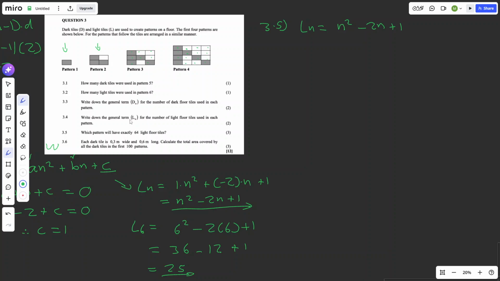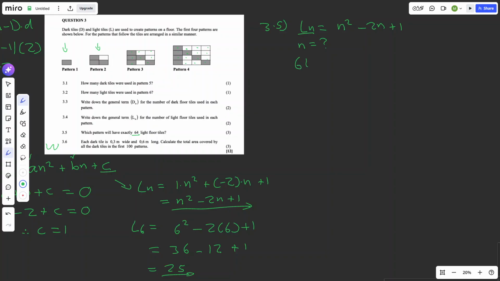Previously, when we were using these formulas, we were simply substituting n, right? But what does n represent? It's the pattern, okay? Is it pattern 5, pattern 10, etc.? So here we'll be solving for n, okay? We are given that there are 64 light tiles, so we can substitute that in L_n's place.